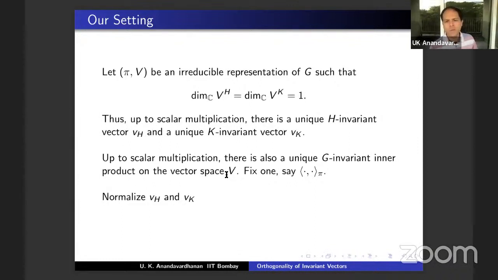You have already fixed an inner product. In that inner product, you make V_H and V_K norm one. Now, if you have V_H and a scalar multiple of it, because you have taken norm one, that scalar has modulus one. Earlier, any two could have differed by any complex number, but now I'm looking only at norm one vectors, so that scalar will be of absolute value 1.